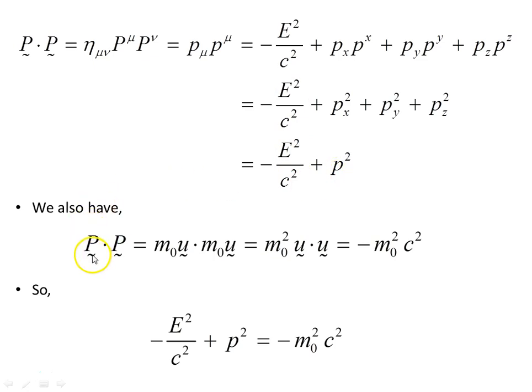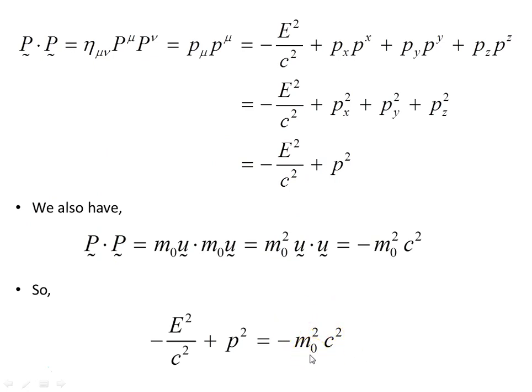But we also have, as we saw earlier, the magnitude squared p dot p is this thing here, which is m0 squared times the dot product of the velocity 4-vectors, which gives us minus c squared for that part. And so, coming back here, these two are obviously equal, and so this object here is equal to this one.